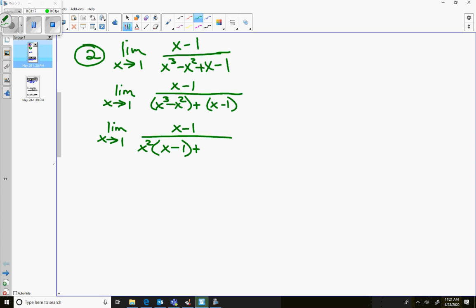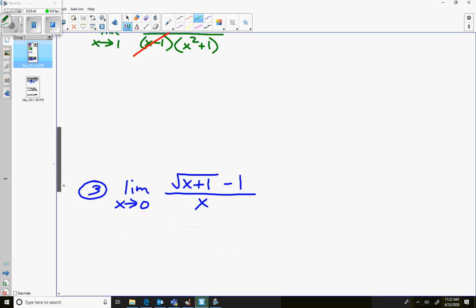The x minus 1, it's basically an understood 1. Let's go ahead and write it for teaching purposes. Now we have a GCF of x minus 1 that gets factored out times what's left over, which is the x squared plus 1. Now, hopefully at this point, you see that the x minus 1's cancel.